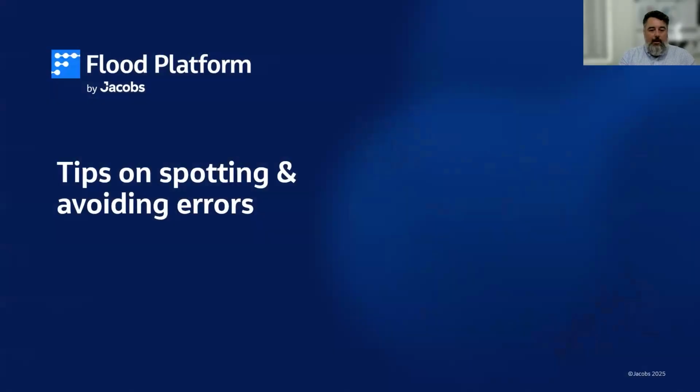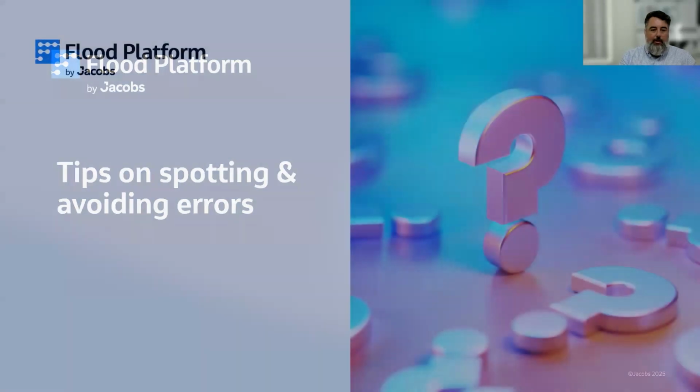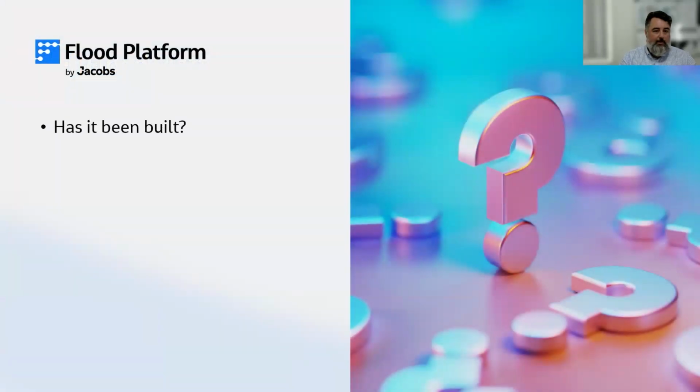So, tips on spotting and avoiding errors. Before we get into that bit, I would like to reiterate, particularly to the young modelers, because we lose a lot of young modelers in the industry when they start realizing that they've made mistakes, or modeling's horrible because you do the job, it's all in your head. It's very challenging.